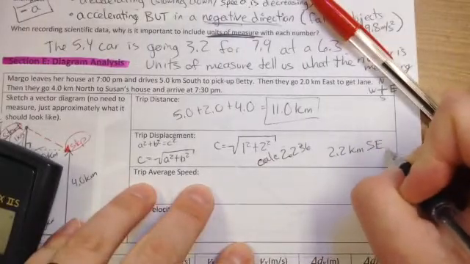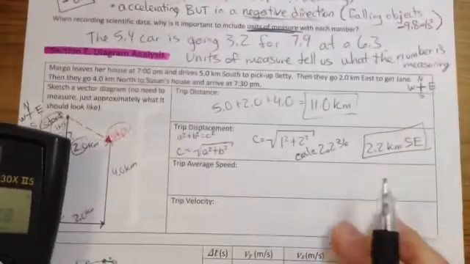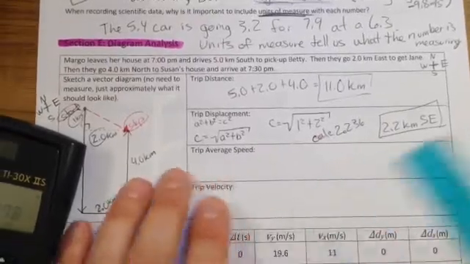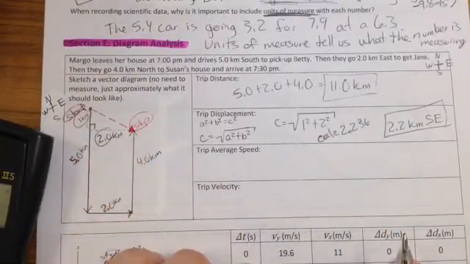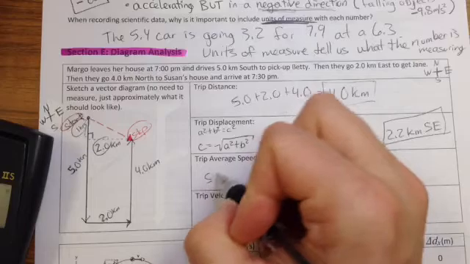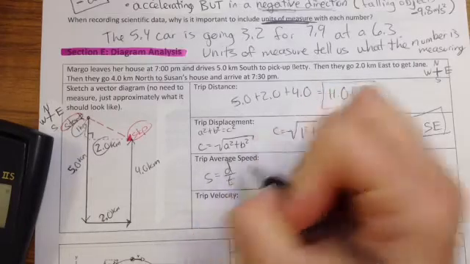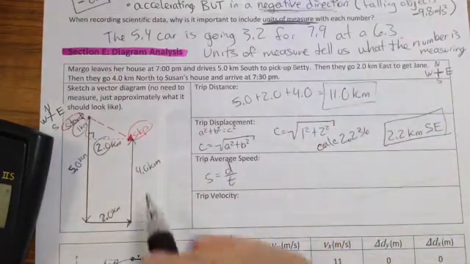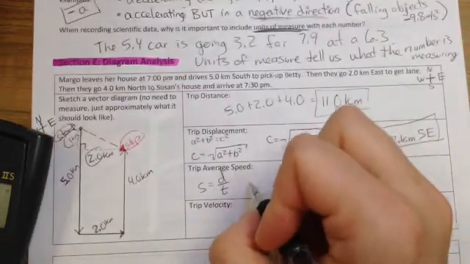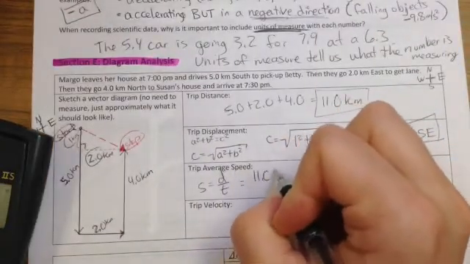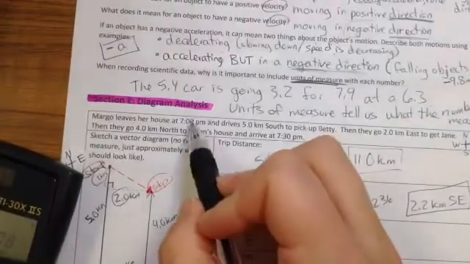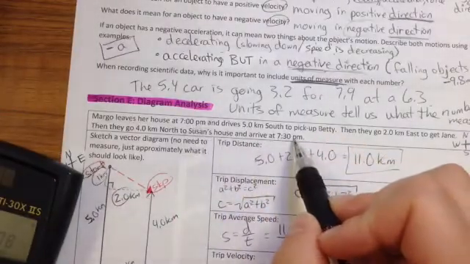All right. Now it asks for the trip's average speed. Well, speed is simply the distance divided by the time, the total time. So the distance was the 11.0 kilometers. The time, left at 7, arrived at 7:30.